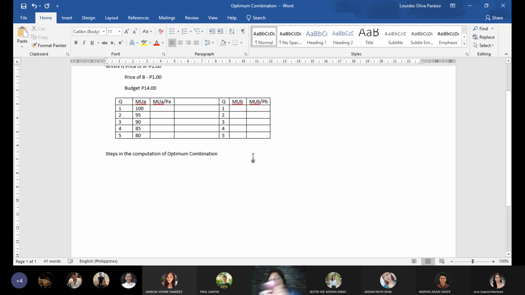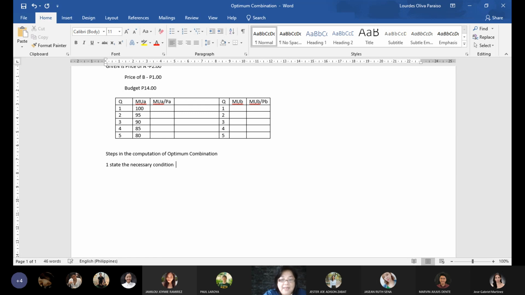So how do we start with that? We have to have what? The first step, to state the necessary condition. What is this necessary condition?